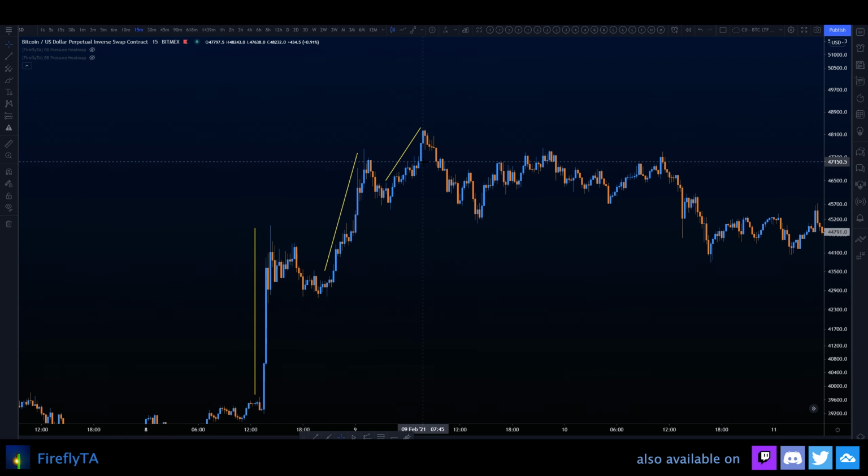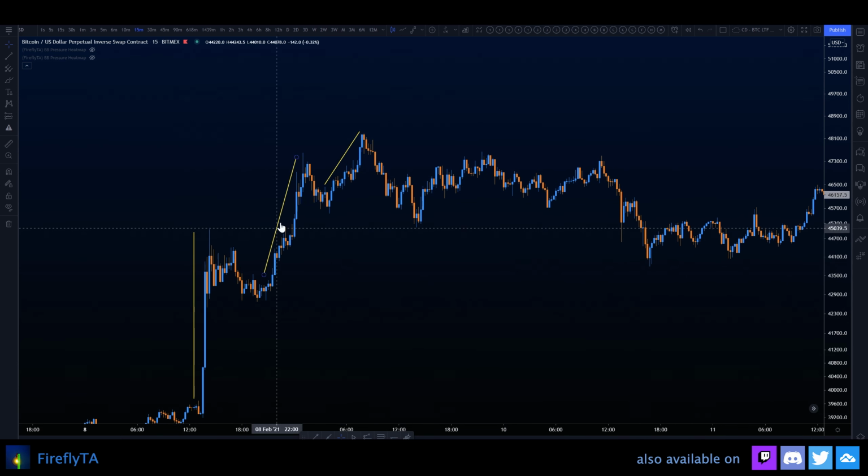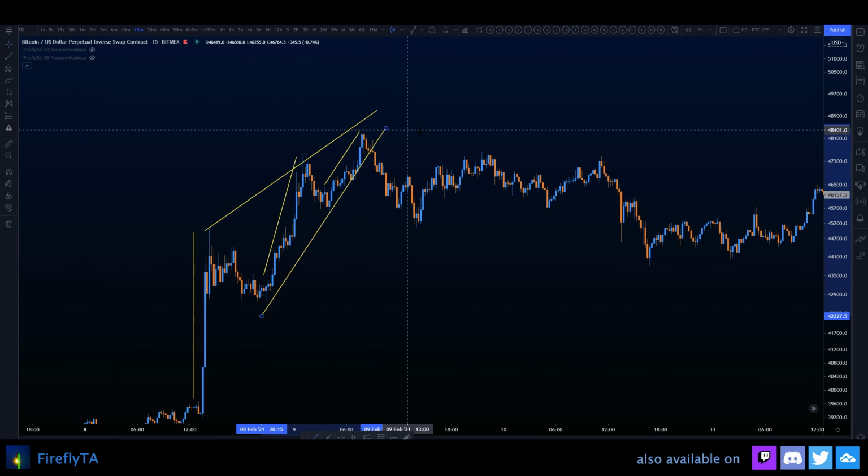The incline is not as steep anymore, and it's a smaller move compared to the previous ones. This tells us that upside momentum and strength is running out, and bears might be taking over. This was what I was talking about in part 2 when I was talking about the rising wedge. As you can see, bears are trying to take over, and they are doing so in this particular scenario here.